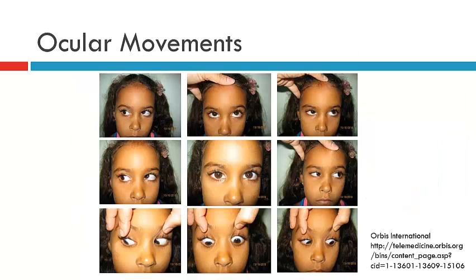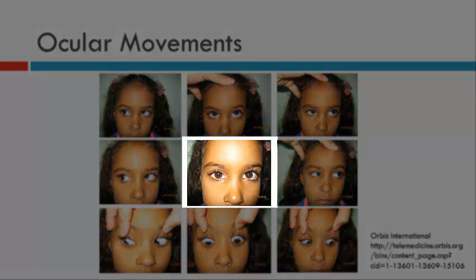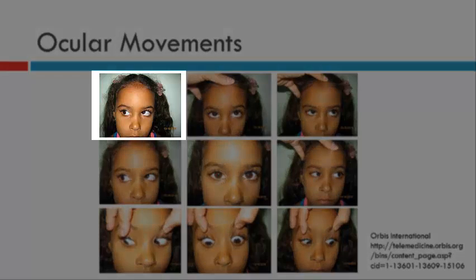Let's have a look at the same patient in 9 positions of gaze. We'll only look specifically at primary position and dextral elevation, but we can see here that in primary position there is a slight left hyperdeviation, and when we have a look at her in dextral elevation, we can see that there's been an increase in that hyperdeviation.